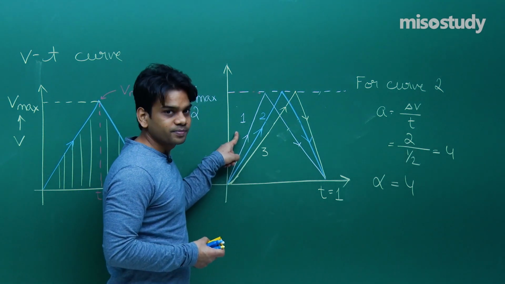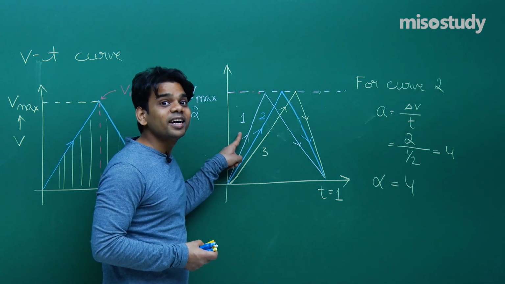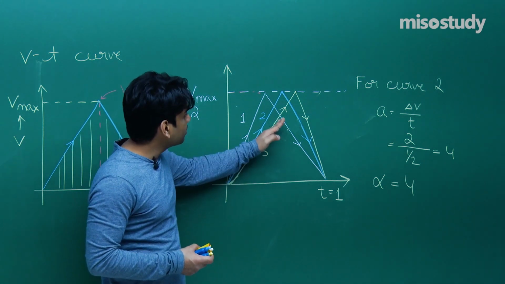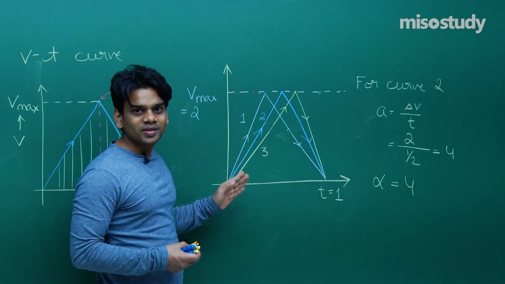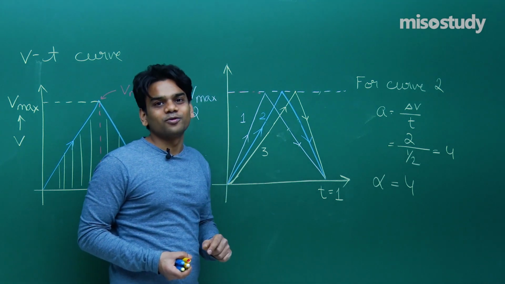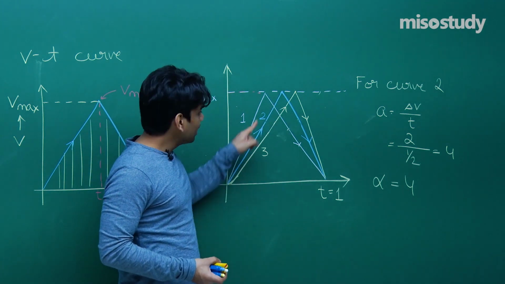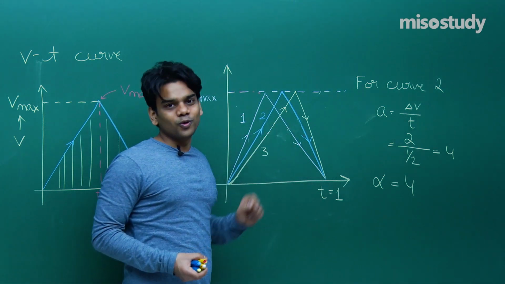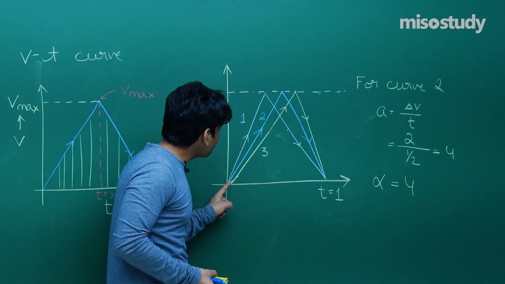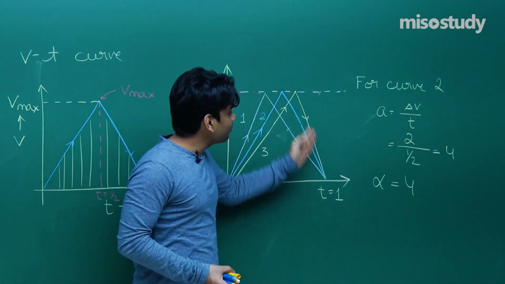For case 1, the body has an acceleration that is greater than 4 because the curve has more slope here. Acceleration will be more, and here the deceleration will be less than 4. For curve number 2, the acceleration will be 4 and retardation will also be 4. For curve number 3, acceleration will be less than 4 and retardation will be more than 4.